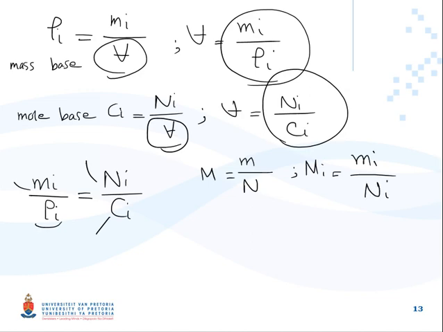Okay, so let's apply those into each other and see if we can get any sense out of it. So okay, Ci, which is the concentration, is equal to mi divided by Ni. On top we have rho i.